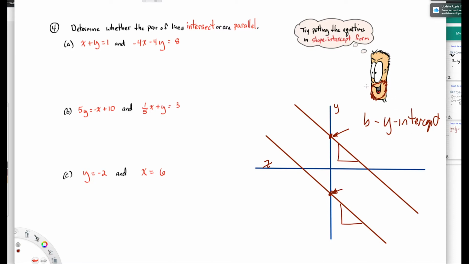So we don't need to graph this to check if it's parallel, because we can use slope-intercept form and check these two values here, the m and the b. So basically we want it to have a different b if the m's are the same. Same m, different b. Okay? So we have to solve for y.